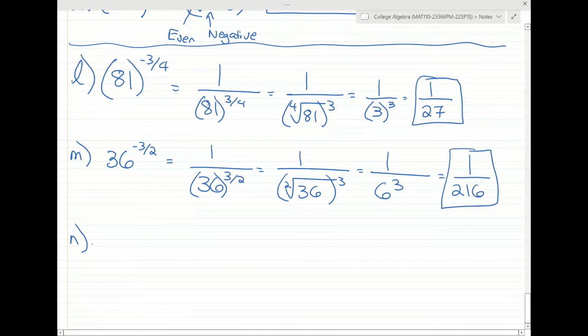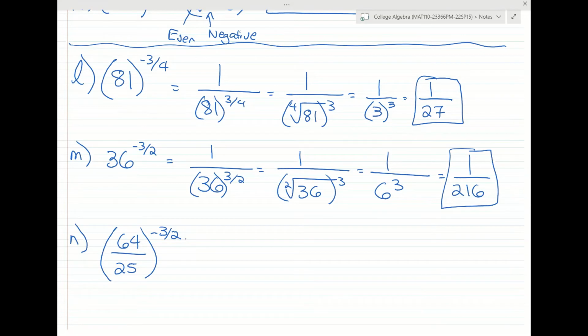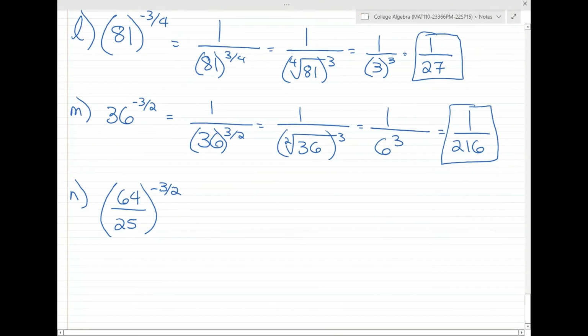We have one more like this. What if it's 64 over 25 to the negative 3/2 power? When you have a negative, that tells you to switch the position. So we're just going to flip this.